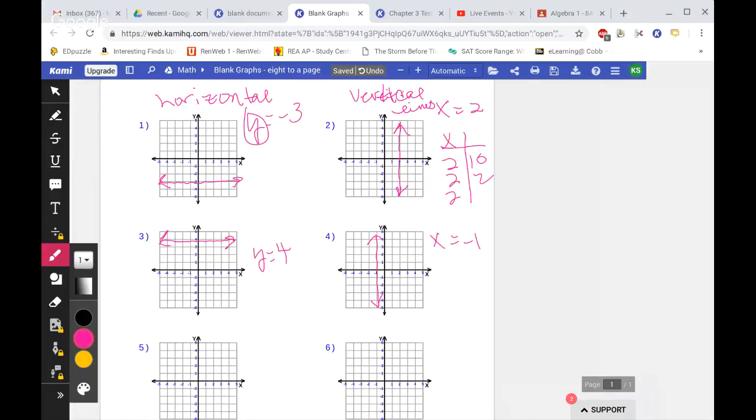It could be 10, it could be 2, it can be 0. It's still going to be x is 2. And over here, y equals -3, no matter what x is, because essentially there's no x in that equation. Does that make sense? Does that help you all with vertical and horizontal lines?